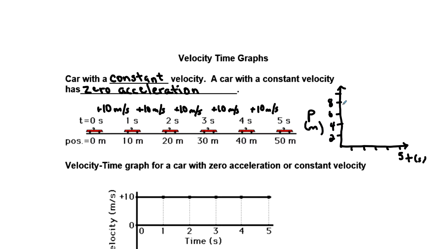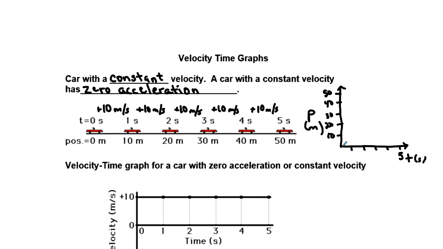Oh, sorry, does that make sense? No, I need to go up to 50 meters. I'm thinking velocity already. So I need to show 10, 20, 30, 40, and 50 meters.